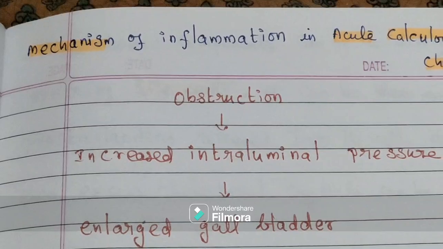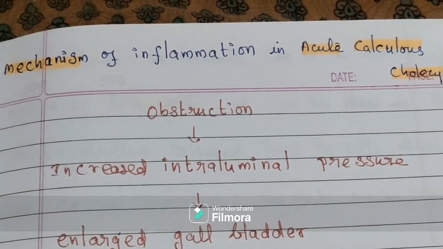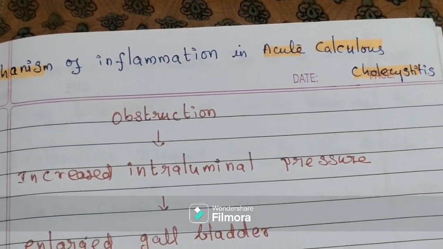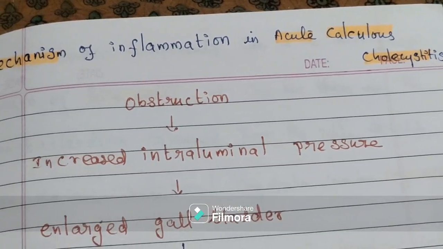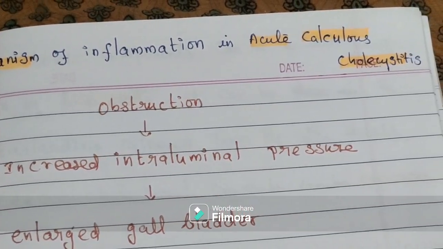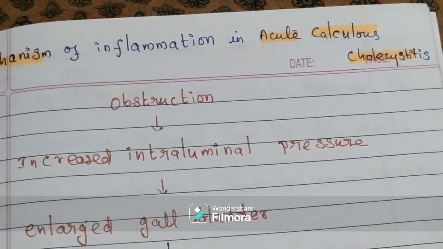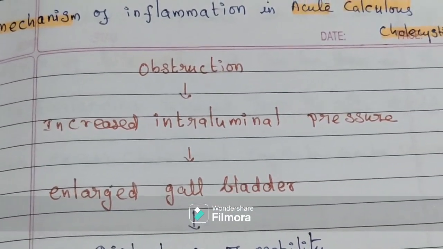Next, the mechanism of inflammation in acute calculus cholecystitis. The main reason is obstruction.